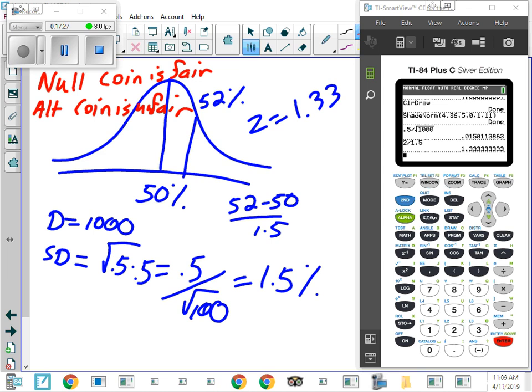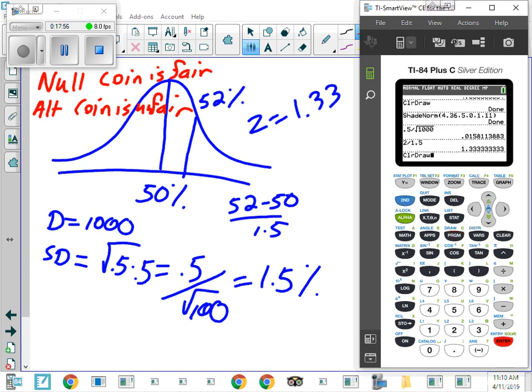All right. So I get a z-score of 1.33. We know whether we reject or accept now. What would we do? We would accept. How come? 1.33 is smaller than 1.64, and 1.64 creates 5%. But in order to solve this correctly, we need to shade norm.